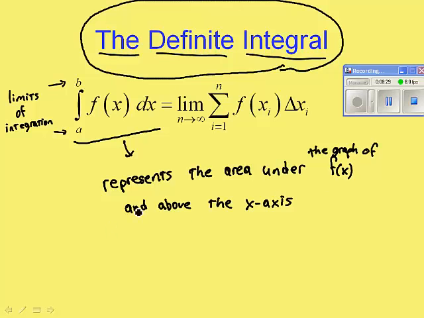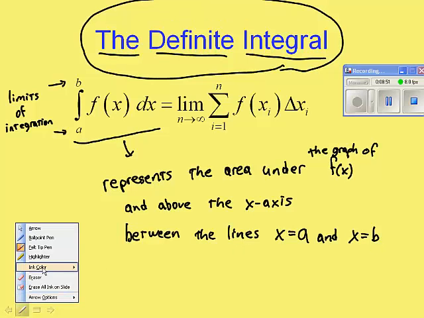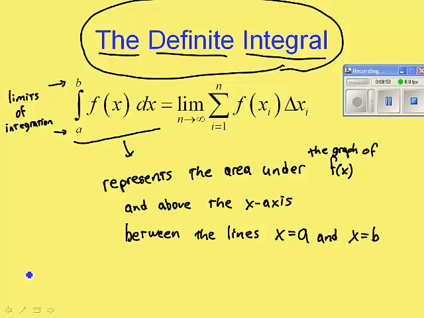Okay? And then what you're saying is between the lines x equals a, because that's the lower limit, and x equals b. So I guess I'll say this.